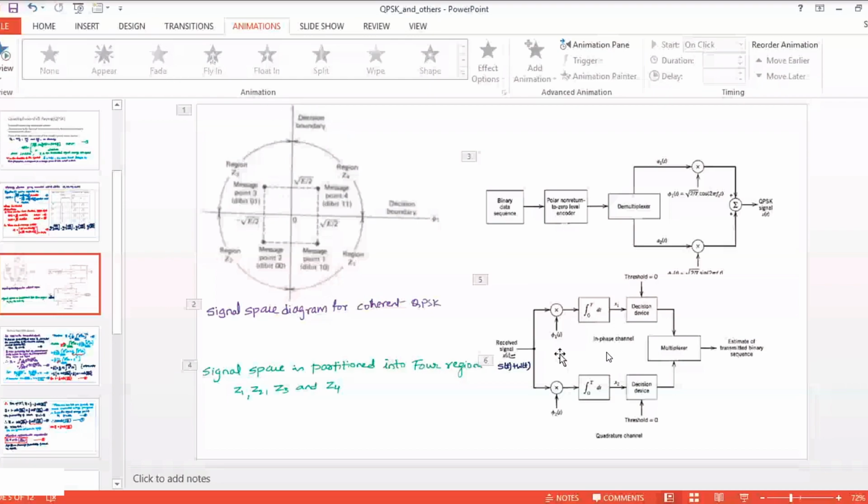And if you see the matched filters at the receiver, it will be non-coherent detection. Okay, so keeping this in mind, we will proceed with non-coherent modulation schemes in the next class. Any doubts so far?